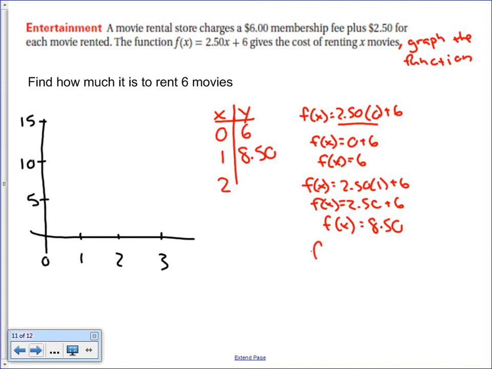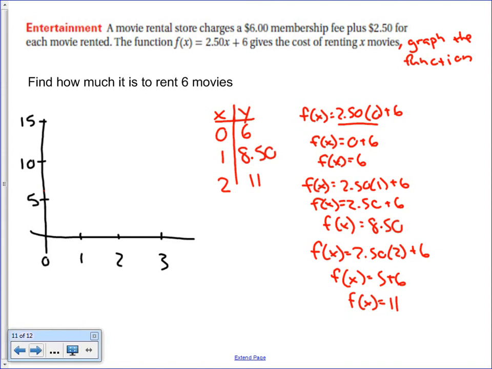Plugging in 2, we get f of x equals 2.50 times 2 plus 6. 2.50 times 2 will give me 5. So f of x equals 5 plus 6, which will give me an 11. So 2 movies will be $11 when you include the membership fee.